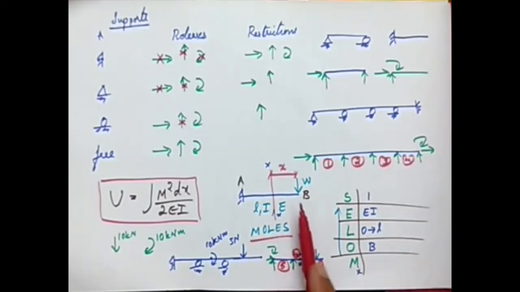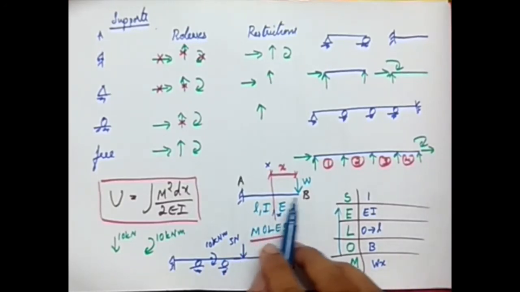So here you can find that the load is W, the lever arm is X, so it's going to be Wx, which is going to be the moment value. The magnitude is W times X, and I need to check whether it is a sagging moment or a hogging moment.